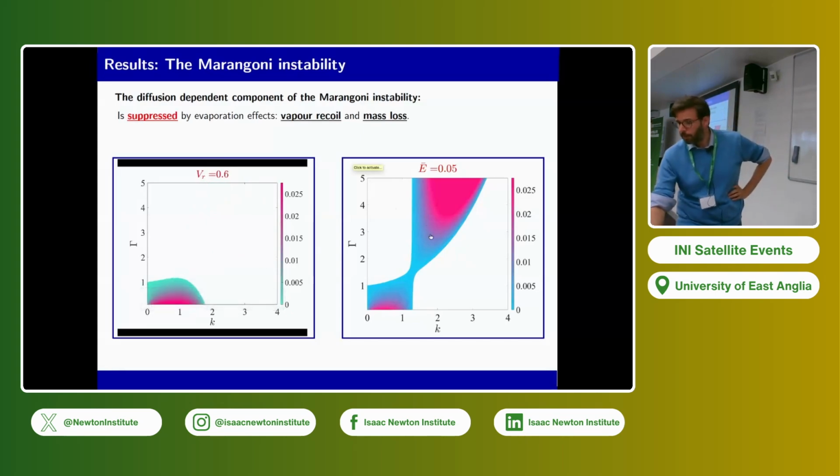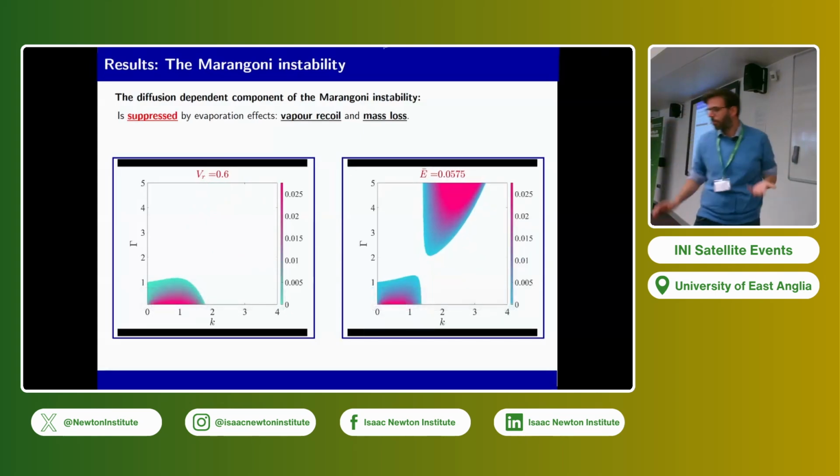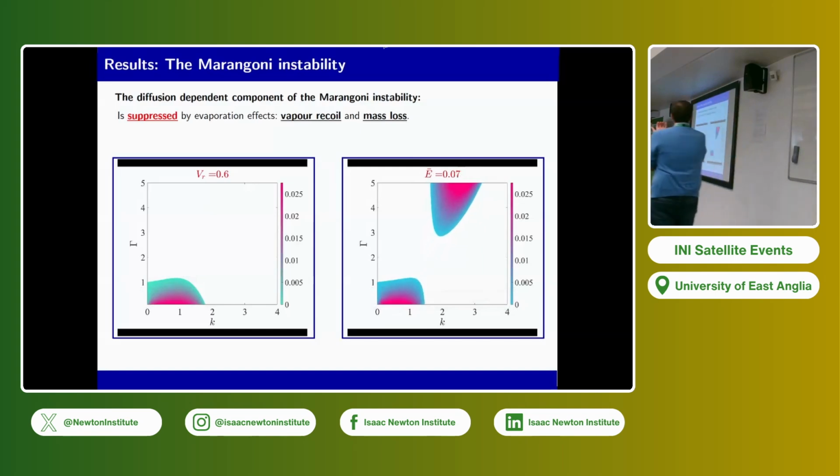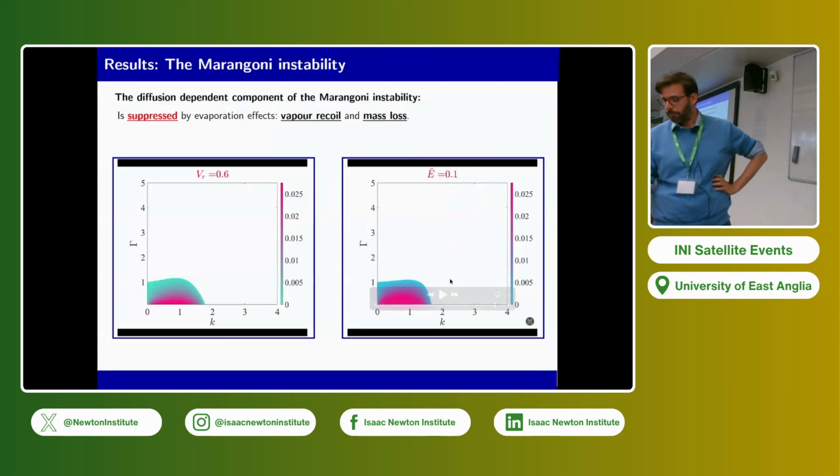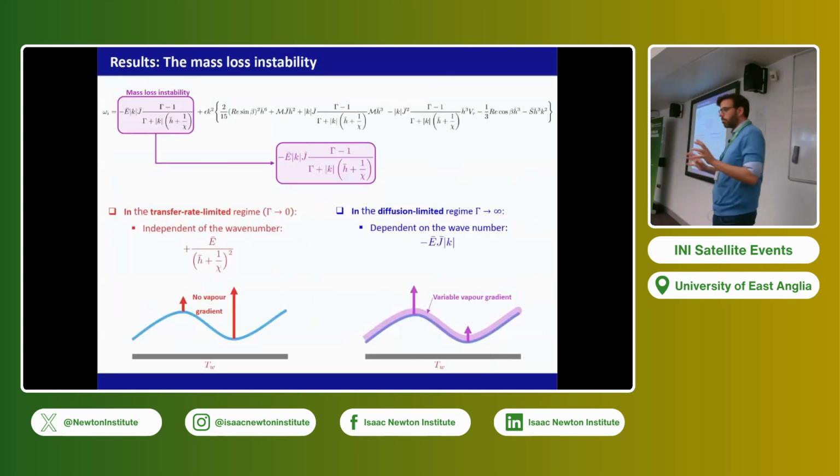A similar thing is happening for E-bar. Somehow the two effects are quite similar. So we are killing instability for large gamma, the diffusion limited regime, and we are enhancing the instability for small gamma, the transfer rate limited regime.